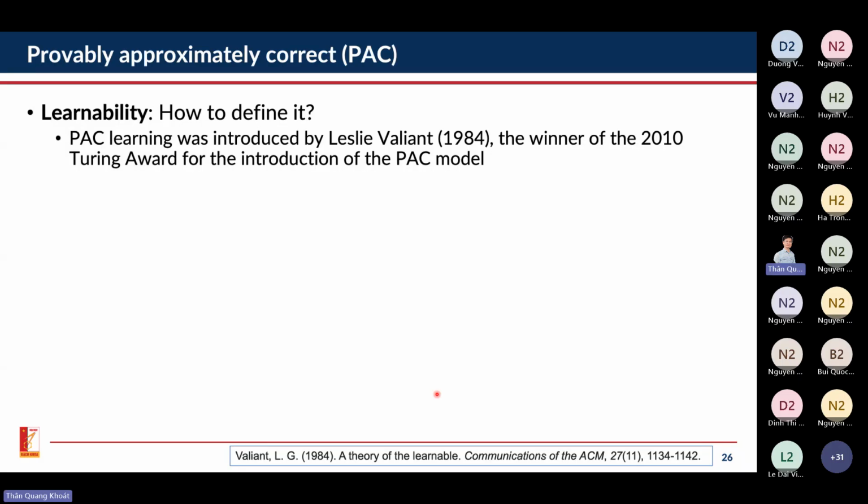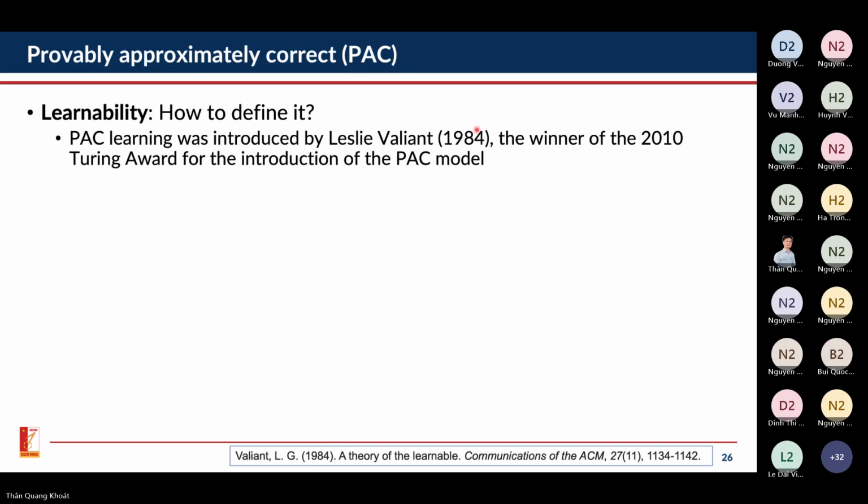We are working with machine learning. That is, we are trying to make some machine that has some ability to learn, right? But what is that? How to define that? A long time ago, this was a big question.